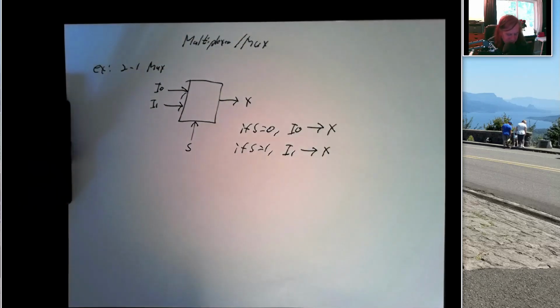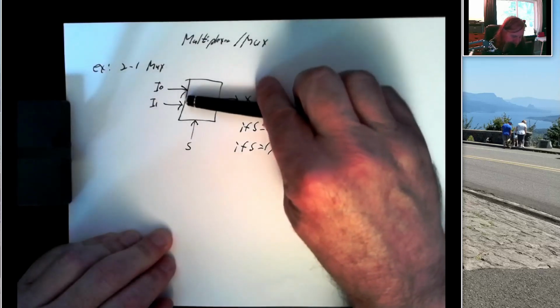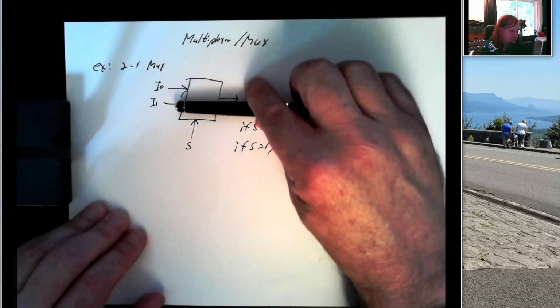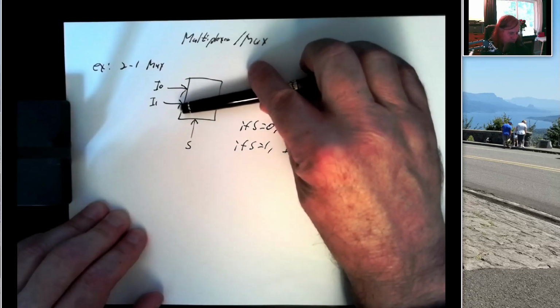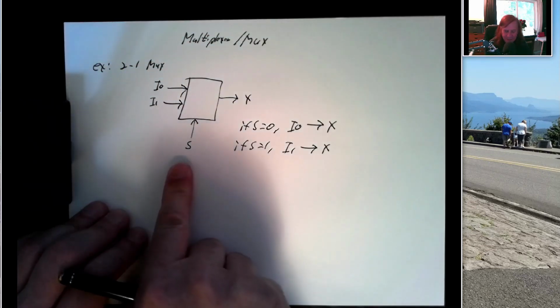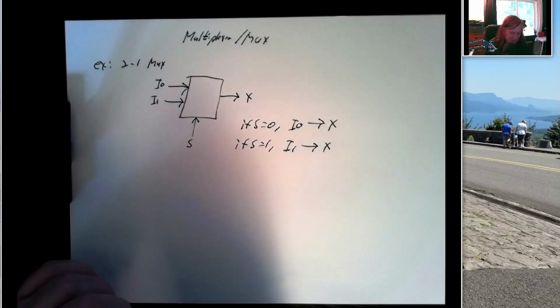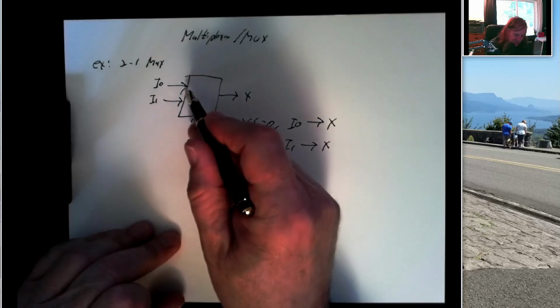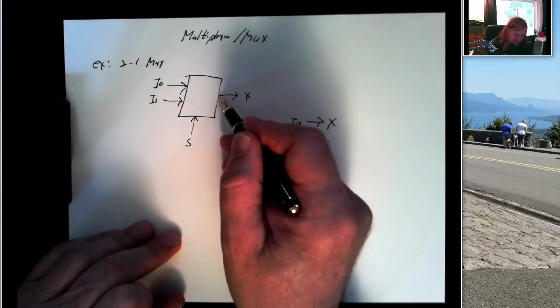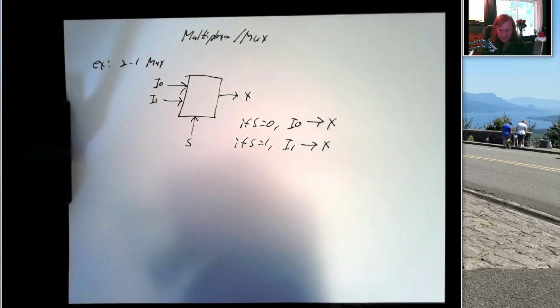This is a way to have a sort of mechanical switch inside that either connects input 0 to the output or connects input 1 to the output. And how do we choose which one is connected? By choosing a value for S. If S is 0, it's like there's a connection between here and the output. If we change S to a 1, there's a connection from input 1 to the output.